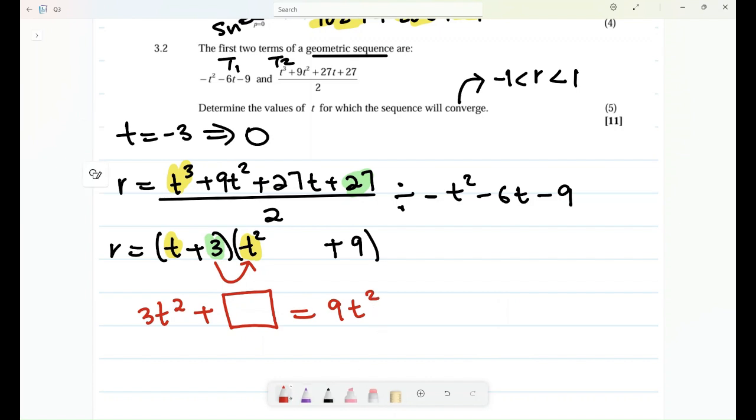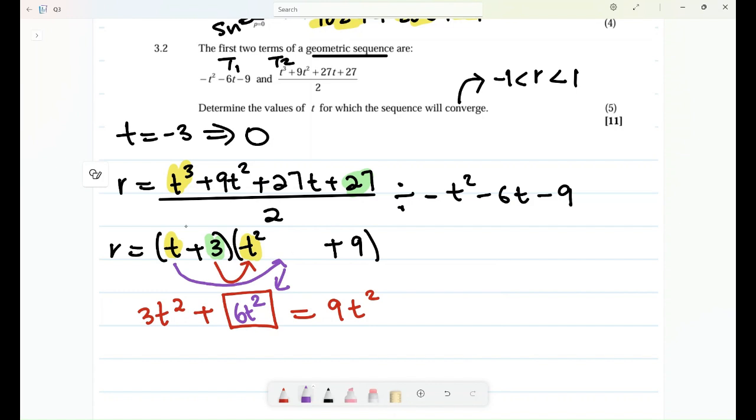So I come back and I say again, what term should I multiply t with so that it gives me whatever this is? Oh, actually, let me solve for this. We all agree that whatever is in here, it should be 6t squared, right? So what is it that I should multiply this t with so that it gives me 6t squared?